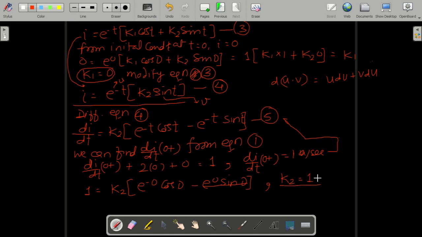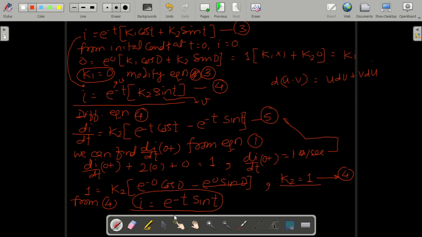So put this value K2 in equation number 4. So you will get I equal to, from 4, I am getting I equal to what? I equal to e raised to minus t, K2 कितना है? 1 sin of t.